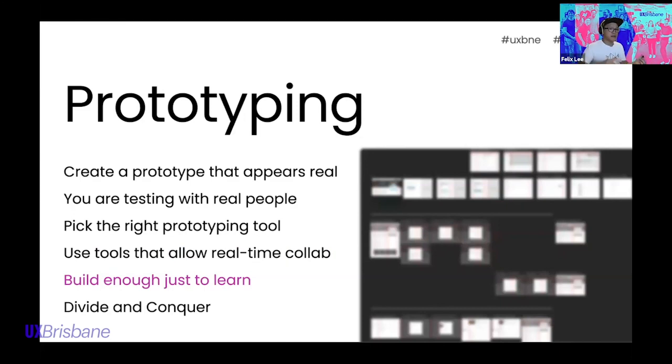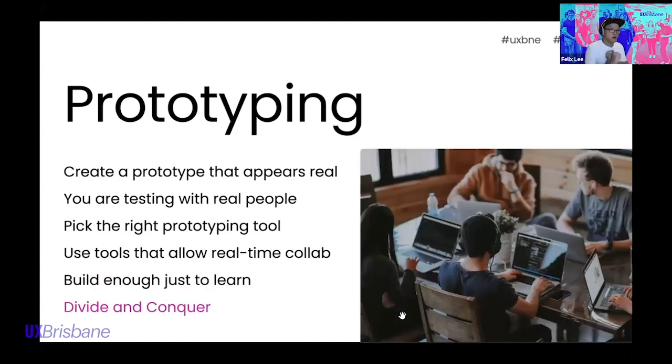The last point I have, divide and conquer, is essentially that a lot of the time prototyping lands on the designer, which is fine. But there are also different tasks that go into this design sprint. We only have 1 day ahead, so you have to make sure your user testers are lined up. You have recruited them, they're ready, your reminders are sent.